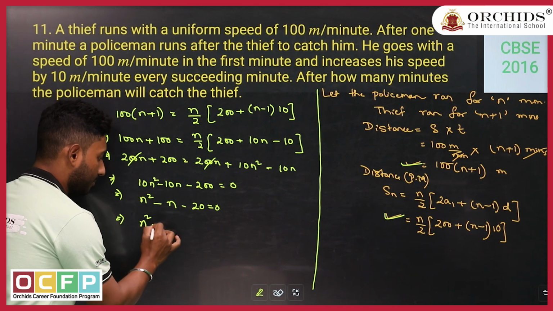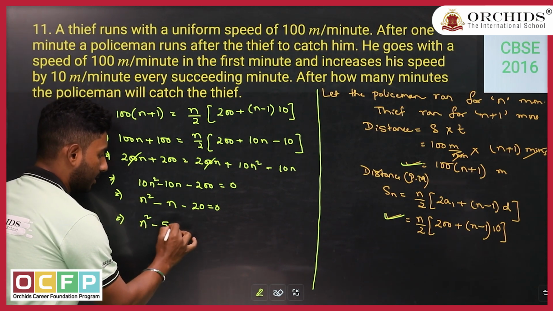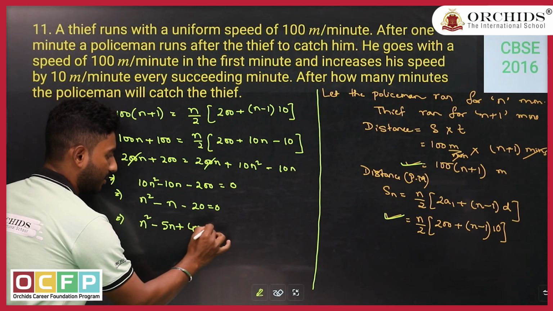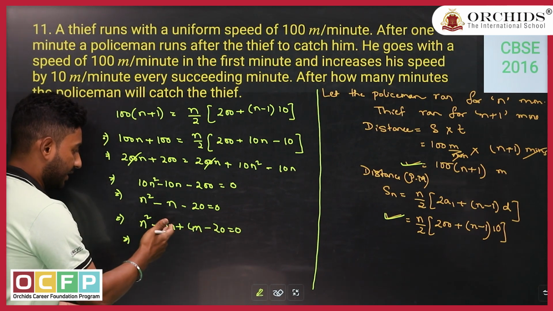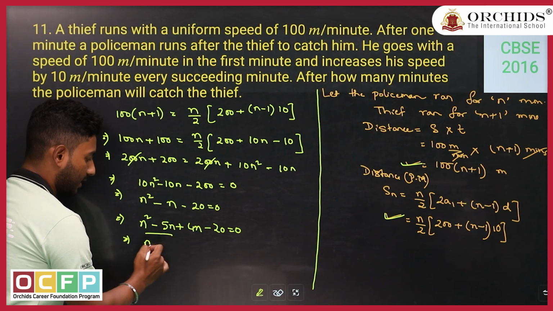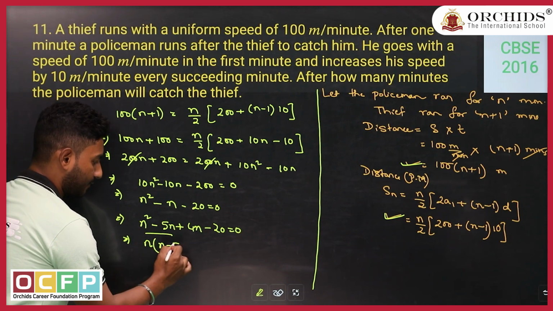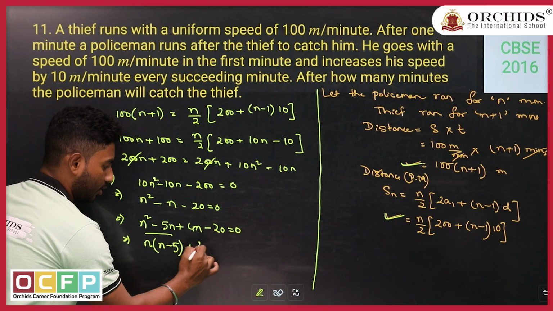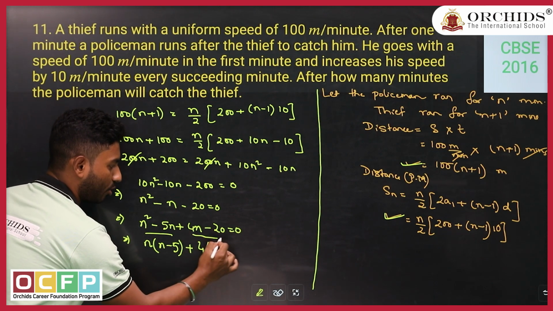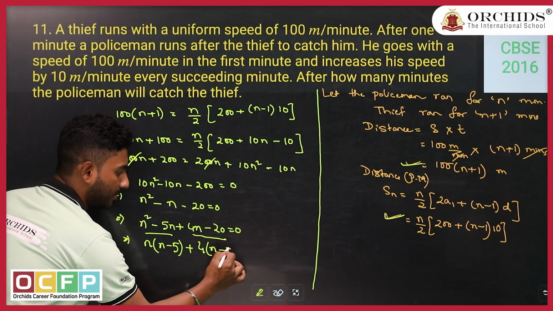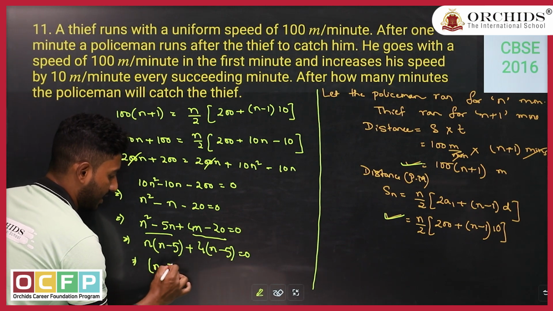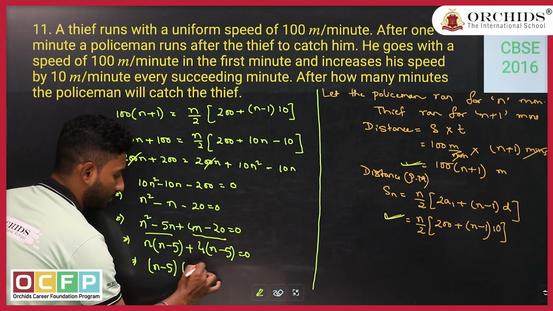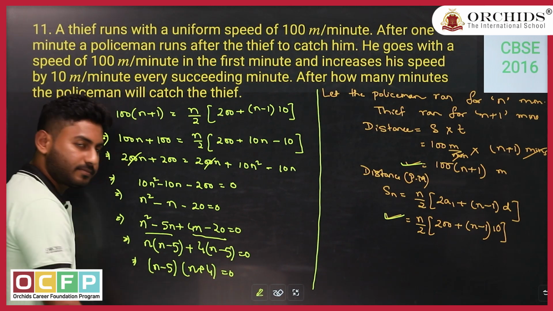So n square minus 5n plus 4n minus 20 equal to 0. So I can take n common from these two, n minus 5 plus 4. If I take 4 common from both, I am getting n minus 5 equal to 0. So basically I am getting n minus 5 into n plus 4 equal to 0.